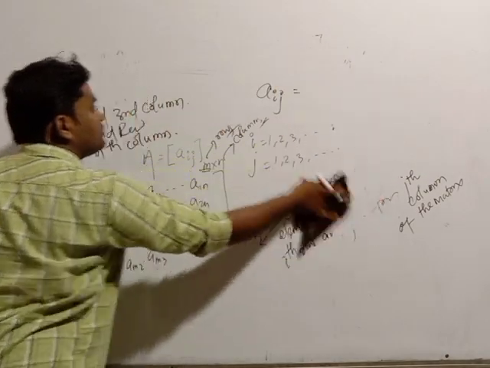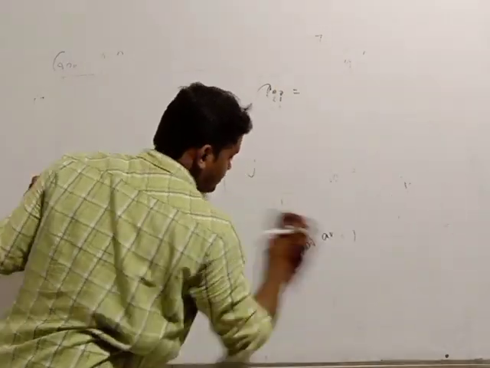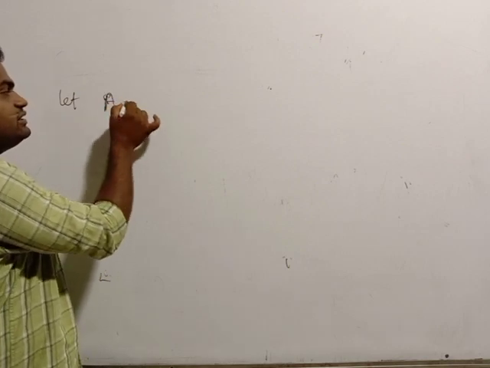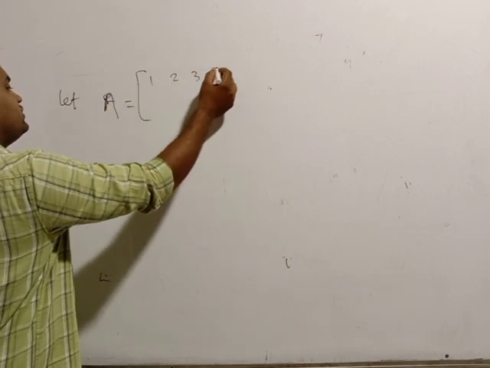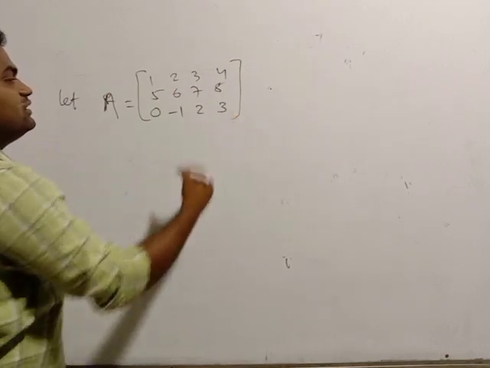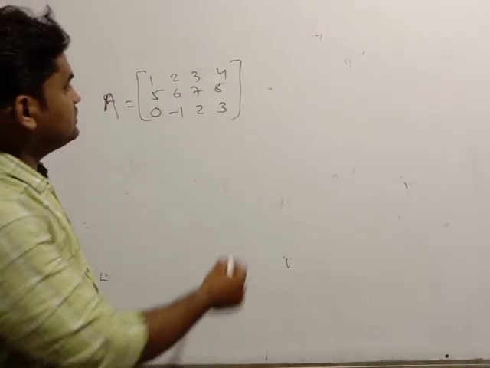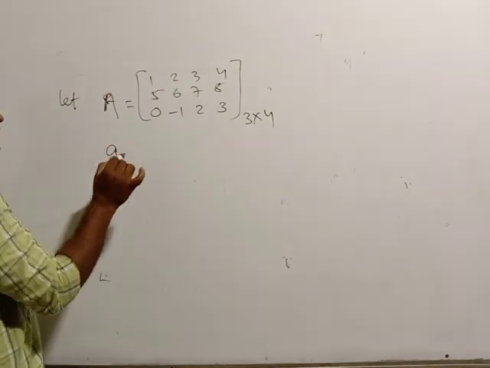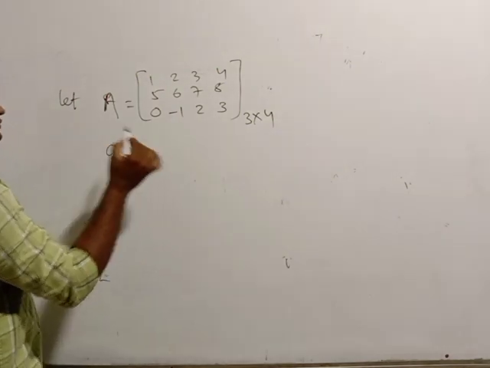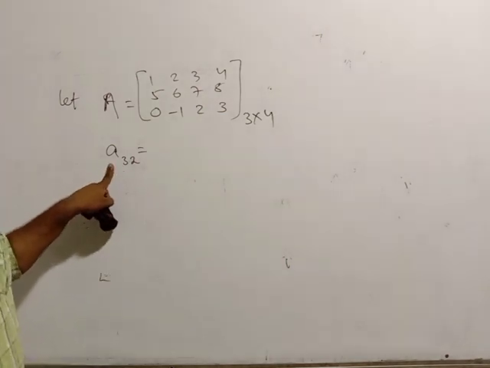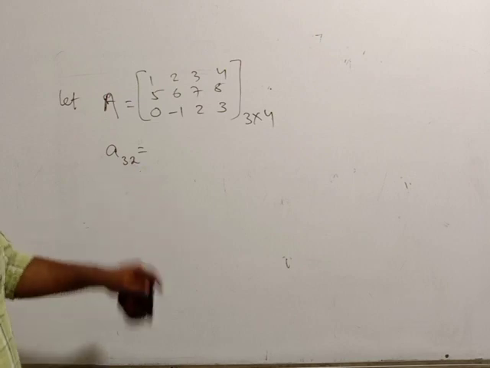So look at another example. Let A be a matrix 1, 2, 3, 4, 5, 6, 7, 8, 0, minus 1, 2, 3. This is a matrix of order 3 by 4. And what is the element a32? Look at it. a32 represents the element present in third row and second column.